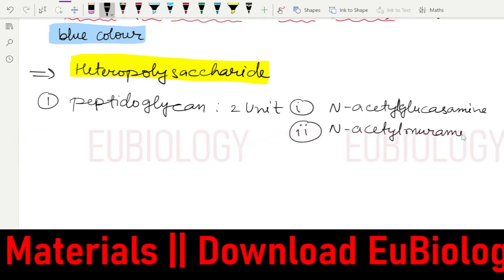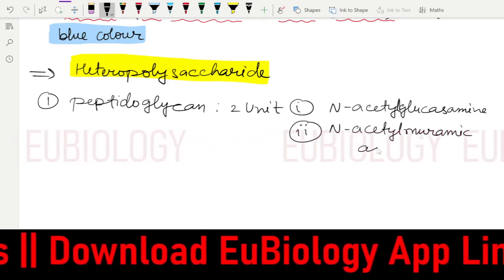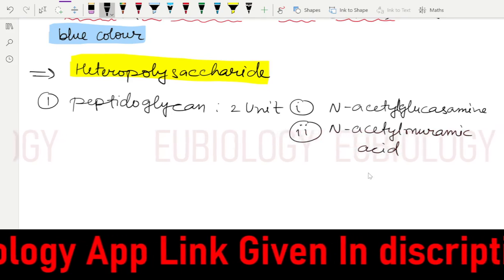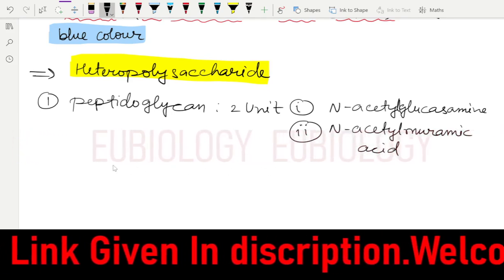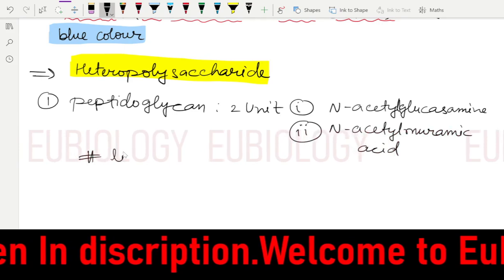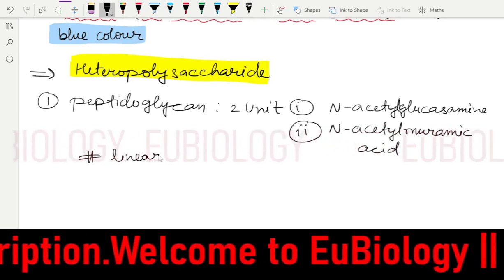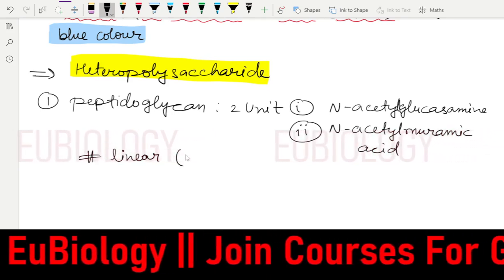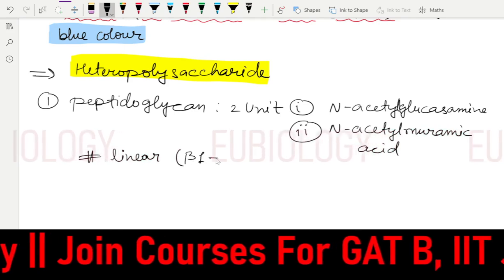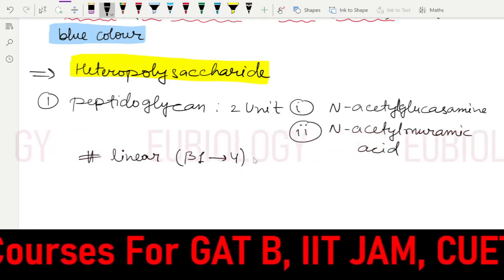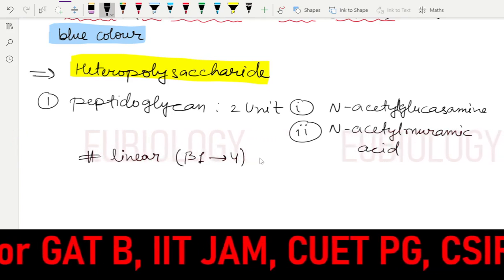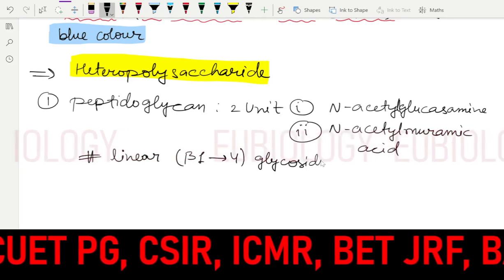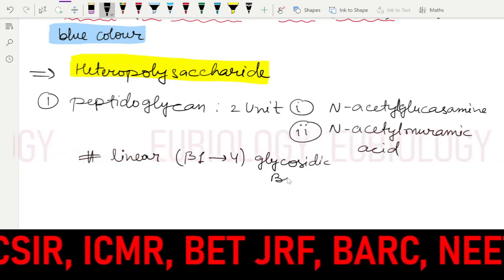So N-acetyl muramic acid and N-acetyl glucosamine are in linear form. If they are in linear form, there will be one bond between them. Which bond? A glycosidic bond, and that is a beta 1,4 glycosidic bond. All are glycosidic bonds in carbohydrates. So I am writing here glycosidic bond.